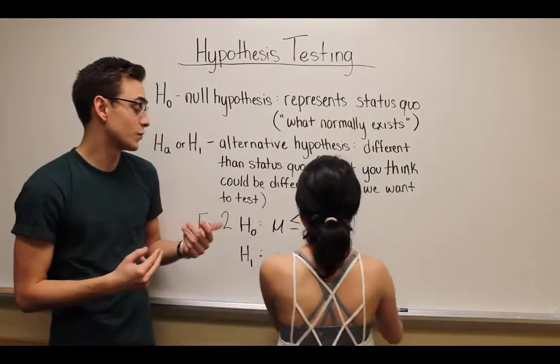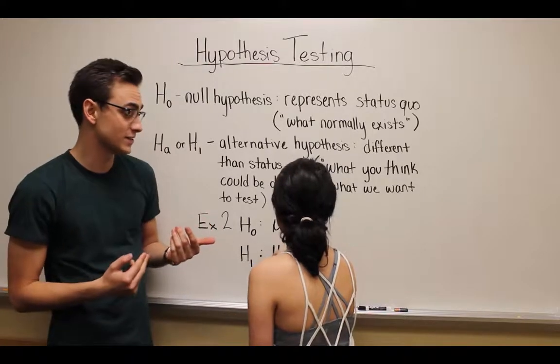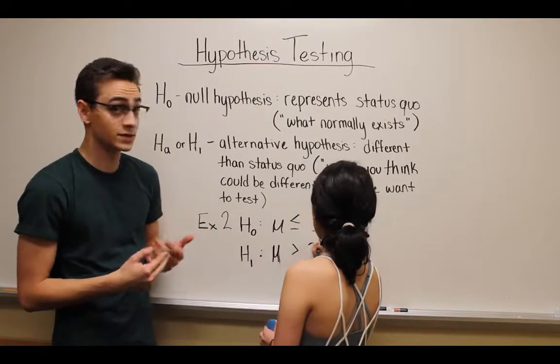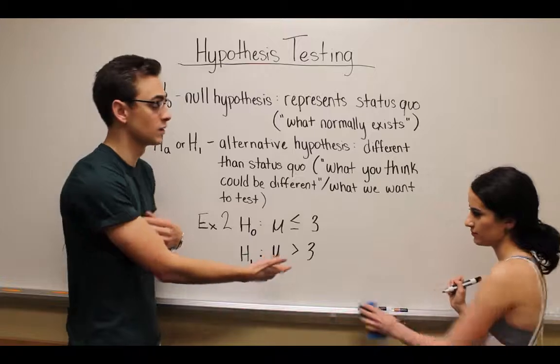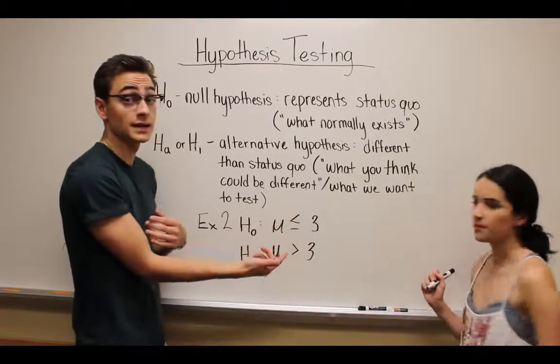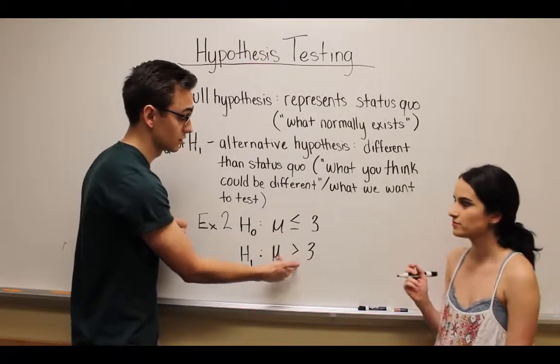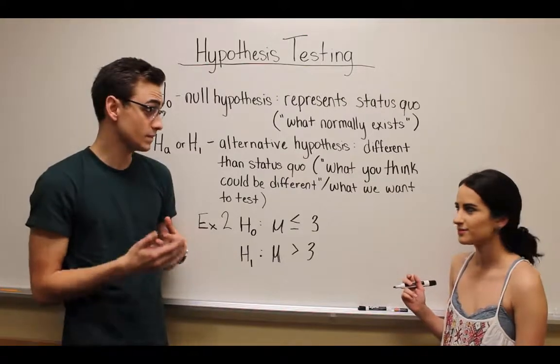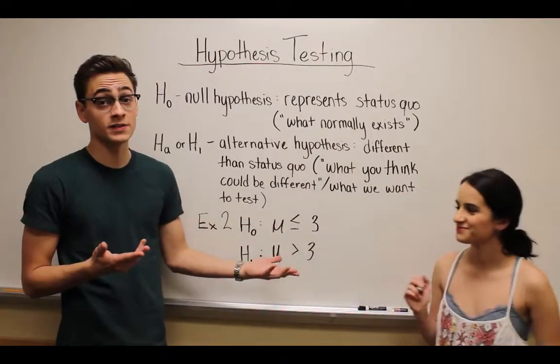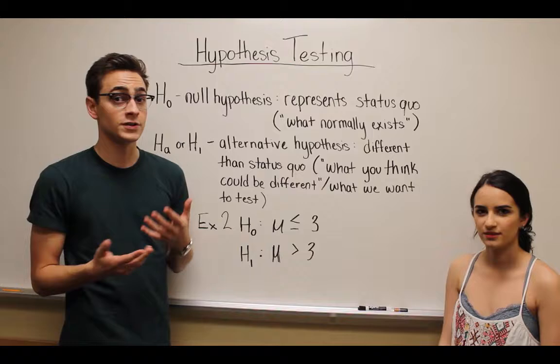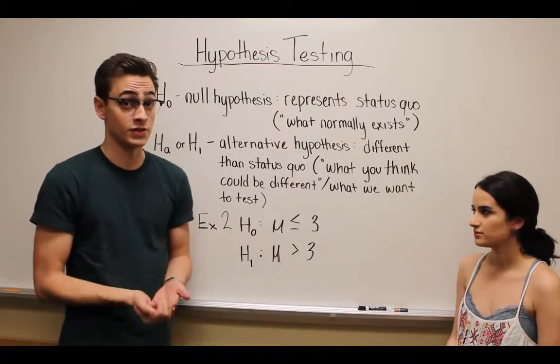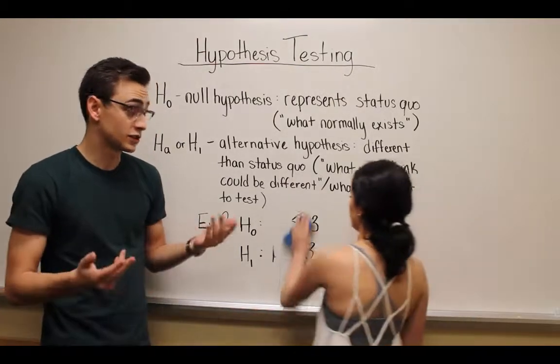And then what we're testing for in the alternative hypothesis is that the meals eaten per day is greater than 3. And notice that less than or equal to, the exact opposite of that, is greater than. So that would be our hypothesis if we were trying to test that the average meals eaten per day is greater than 3.